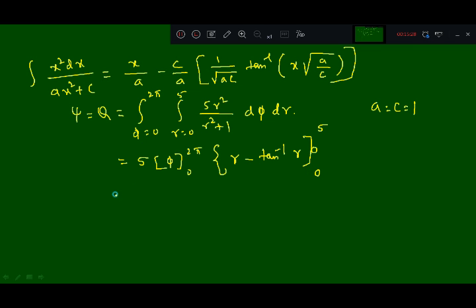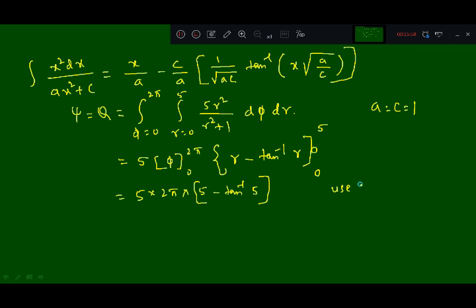So this is nothing but 5 into 2 pi into the bracket of 5 minus tan inverse 5. When you substitute 0, 0 minus tan inverse of 0 is 0, so that term you can leave. Then you only substitute this.